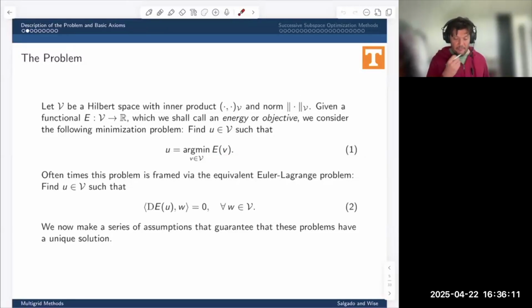And as long as we have a lot of nice properties in place, then this energy functional is going to have a unique global minimum, a minimizer, and that is going to satisfy the so-called Euler-Lagrange equation, which we talked about. The Euler-Lagrange problem is to find the same U, the same point in the Hilbert space that satisfies this equation.